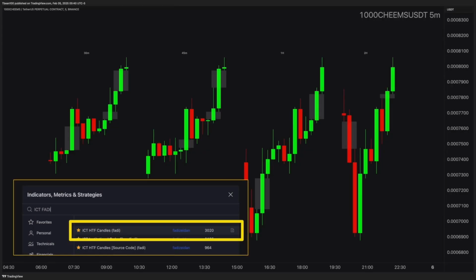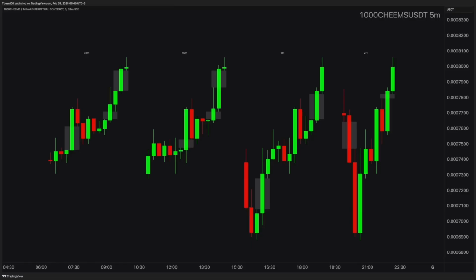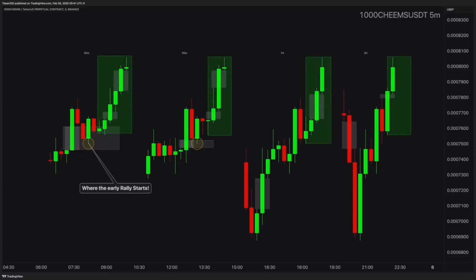It shows me all the price action you need from multiple time frames. First of all, notice how the early party started, where the initial rally ignited, right around this imbalance area. What happened after that? A very dominant buyer rally started.